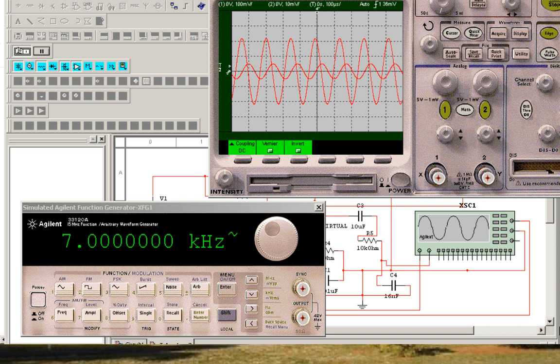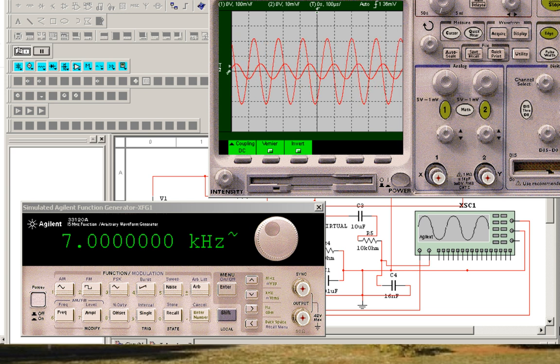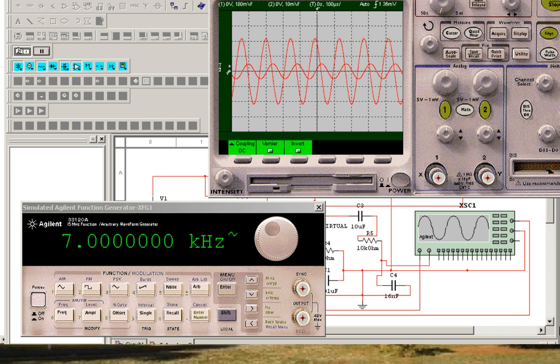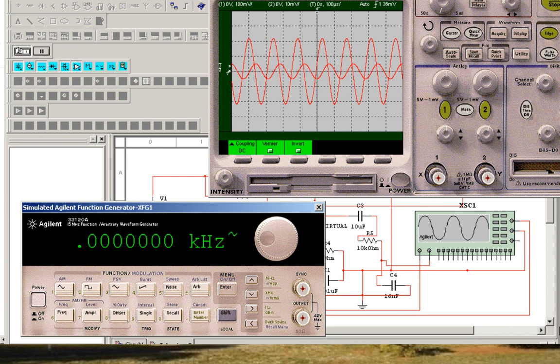I don't know what I did wrong. It might be the 10k ohm resistor. Something's getting saturated.